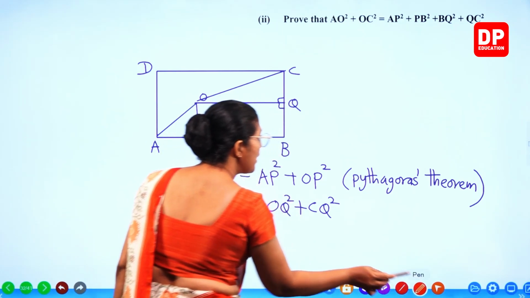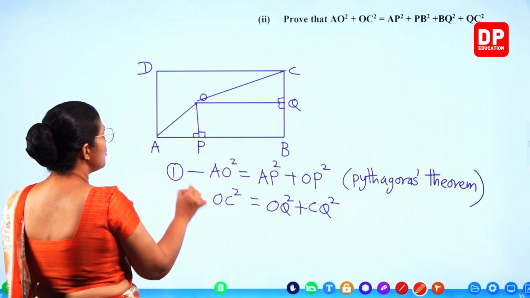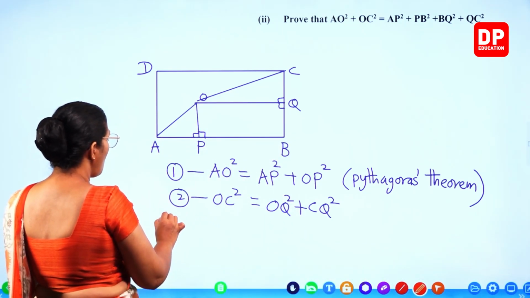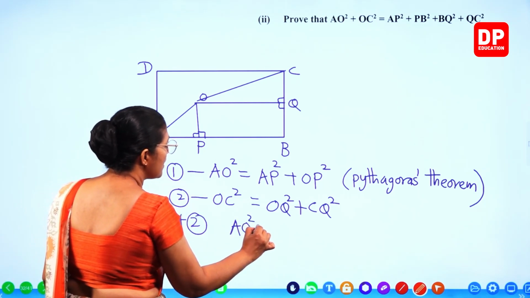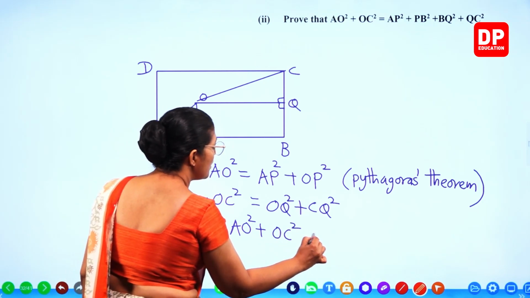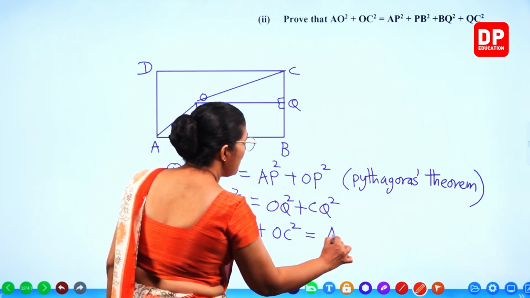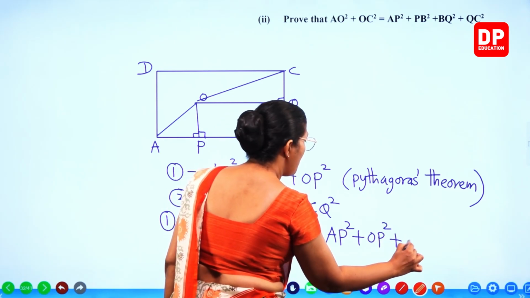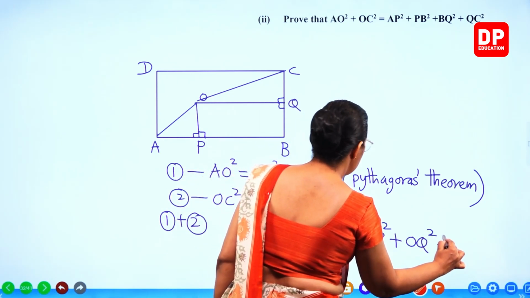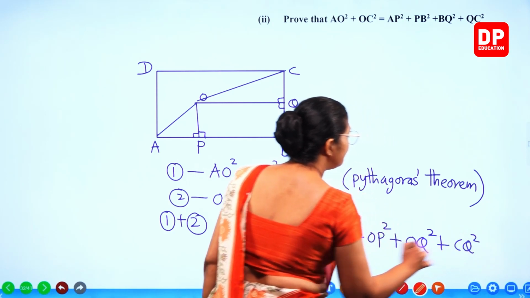So we'll add these two equations, 1 plus 2, and you get AO squared plus OC squared is equal to AP squared plus OP squared plus OQ squared plus CQ squared.